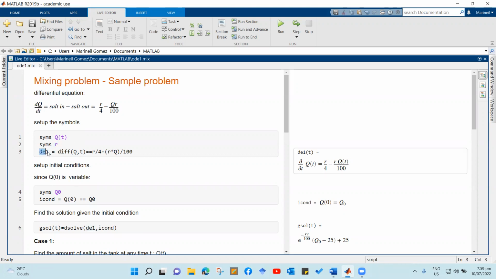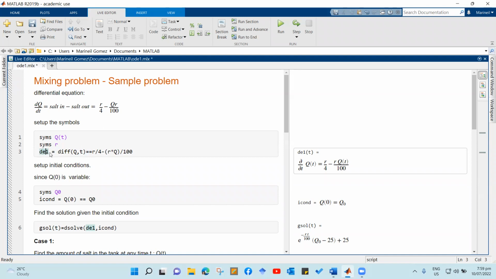And then we set up the first differential equation of q, dq over dt. Now take note, here is an equal sign and there is another equal sign, but this one is a double equal sign. So what's the difference? In MATLAB, similar to other programming languages, we name this variable de1.